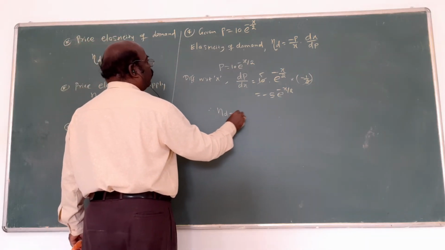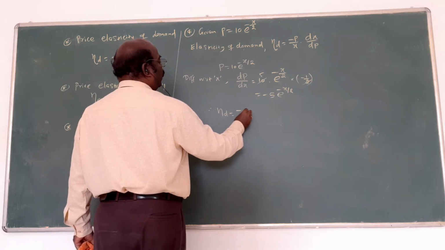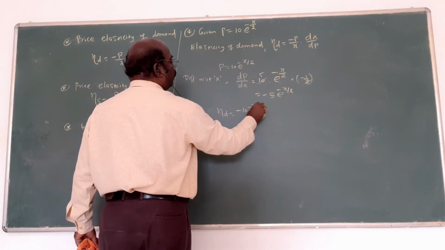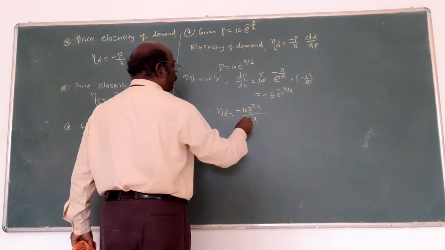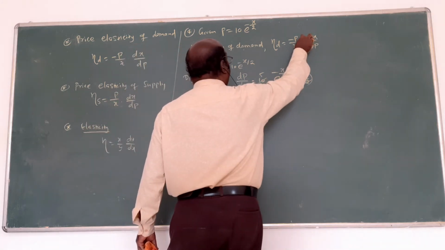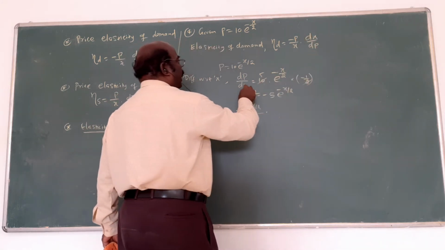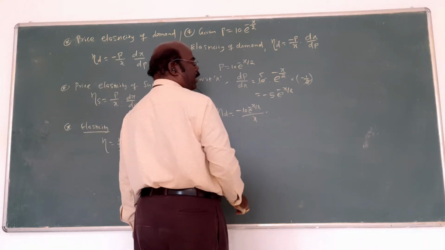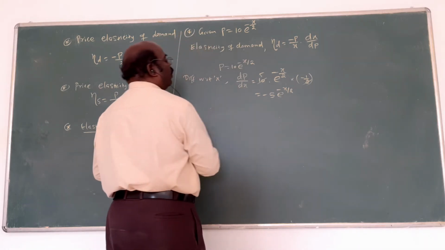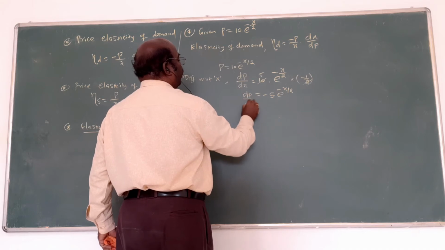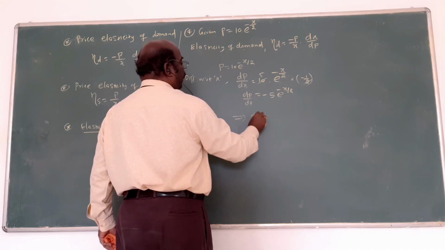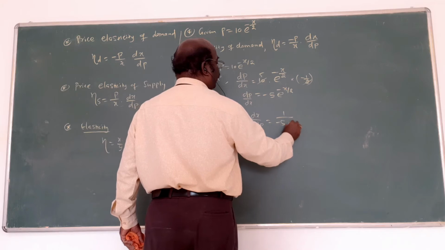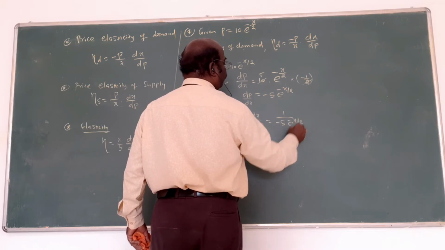beta d is equal to minus p, which is 10 into e power minus x by 2, divided by x. Here the formula has dx by dp, but what we found is dp by dx, so it is the reciprocal. We want dx by dp, the reciprocal: 1 by minus 5 into e power minus x by 2.